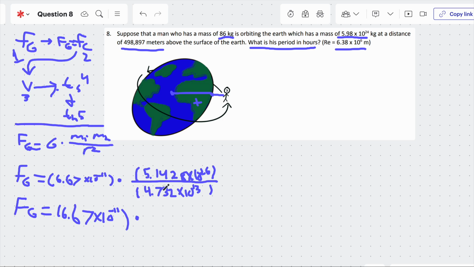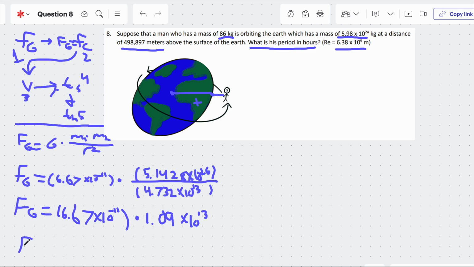I am going to be putting them in parentheses. 4.732 times 10 to the 13th. And we should come out with about 1.09, I'm rounding that up, times 10 to the 13th.